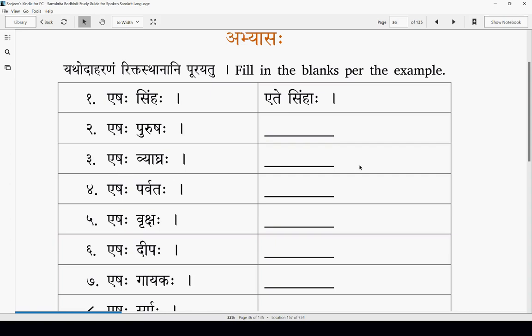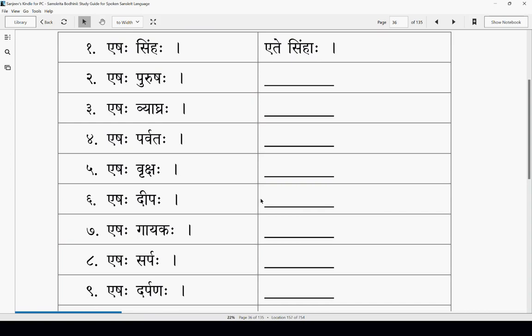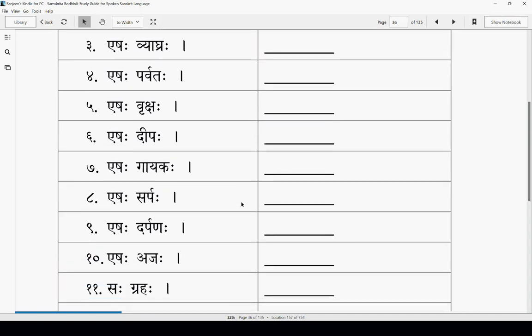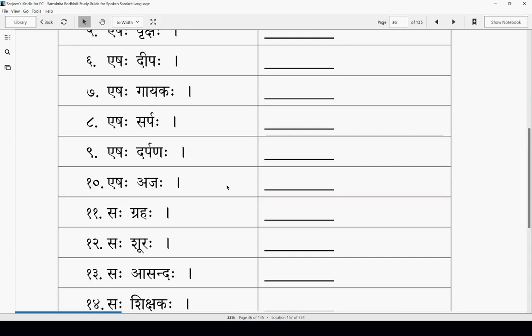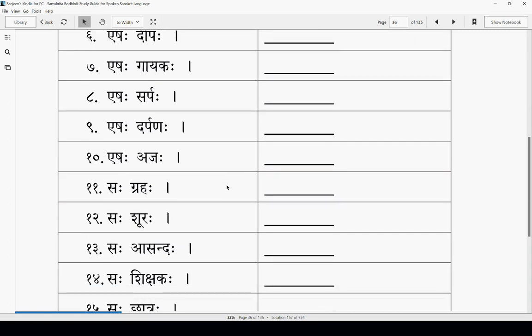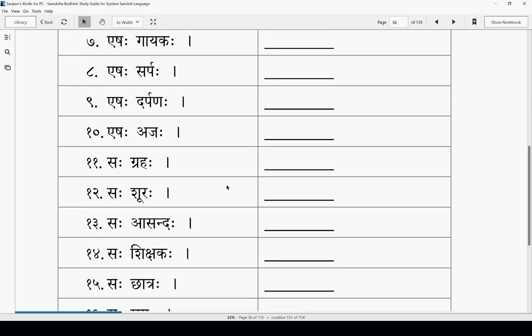Ete Vyagraha. Ete Parvataha. Ete Vrikshaha. Ete Deepaha. Ete Gayakaha. Ete Sarpaha. Ete Darpanaha. Ete Ajaha.